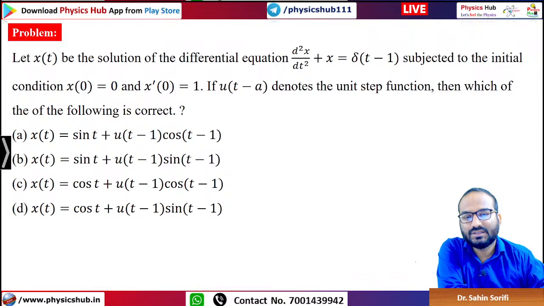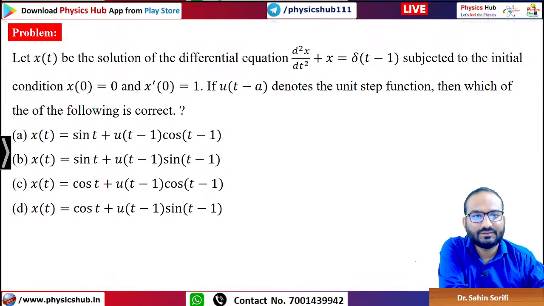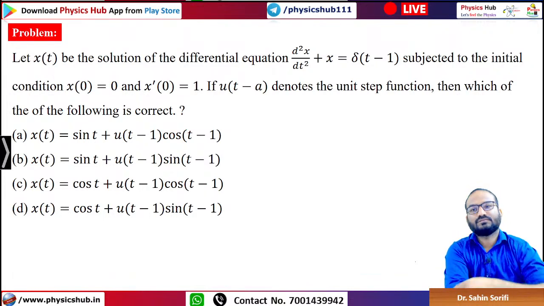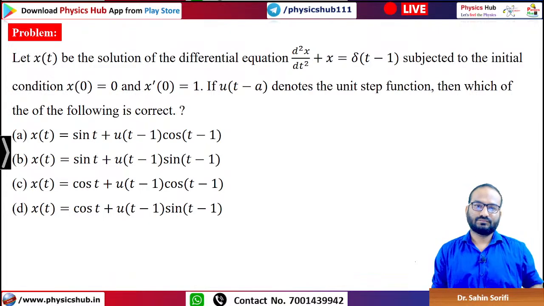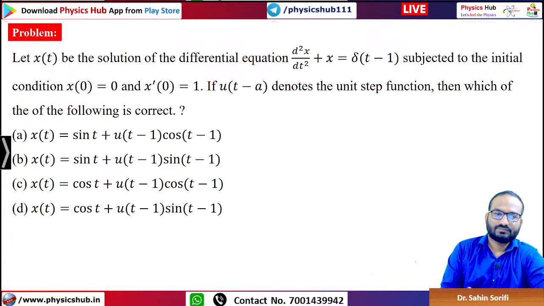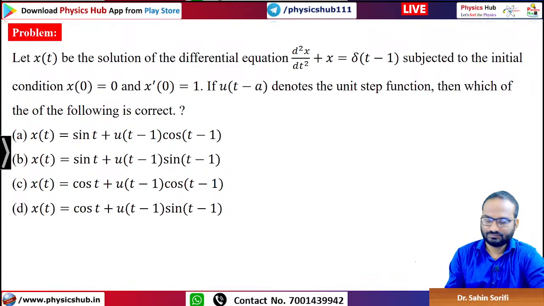If u(t minus a) denotes the unit step function, then which of the following options is correct? Very good problem. Give it a try, think about it. It's not a difficult question. Take the Laplace transform on both sides of the differential equation, right?